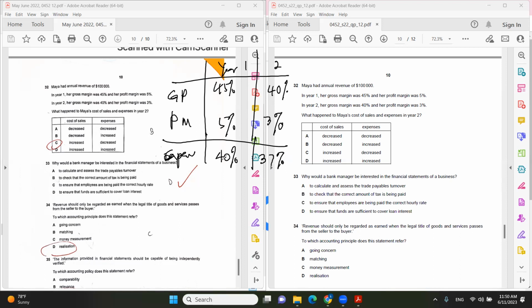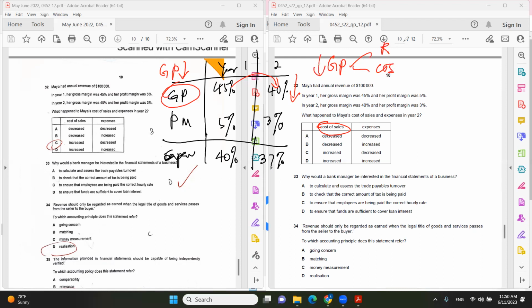So coming to this comparison, what happened to Maya's cost of sales and expenses in year 2? Cost of sales relates to the gross profit margin. The gross profit has decreased, and gross profit has two components, revenue and cost of sales.